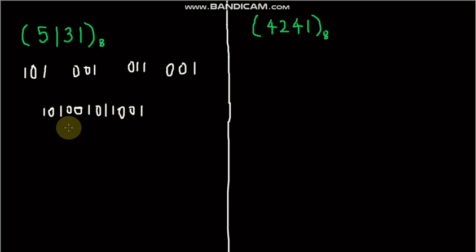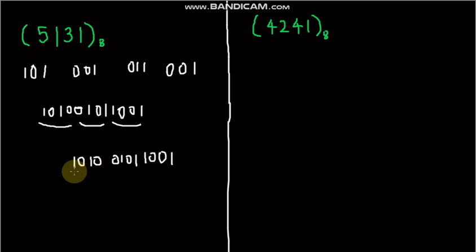Now the third step is to divide it into groups of four. The first group is 1001, then comes 0101, then comes 1010.